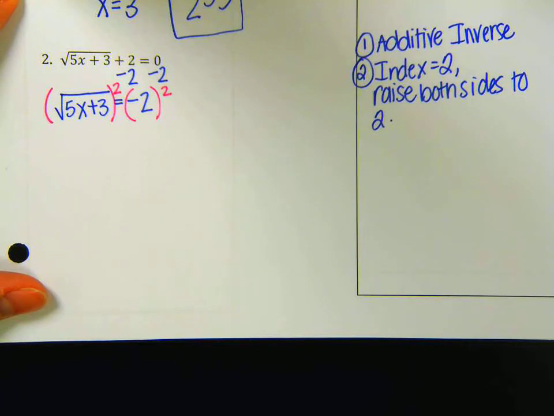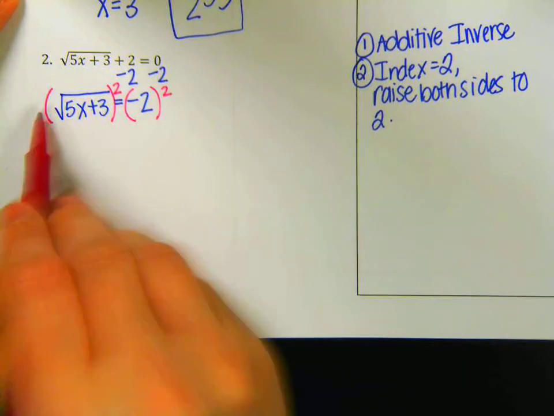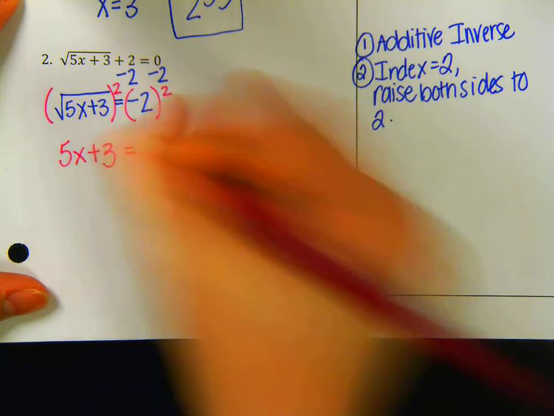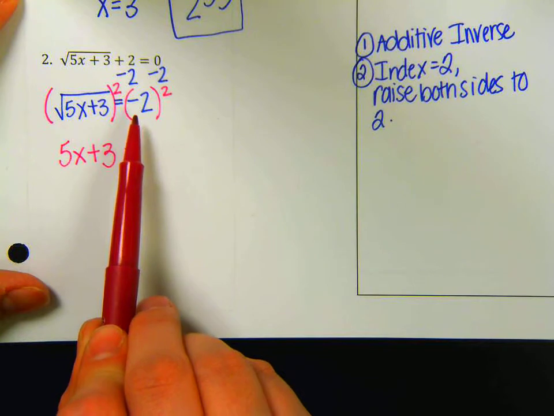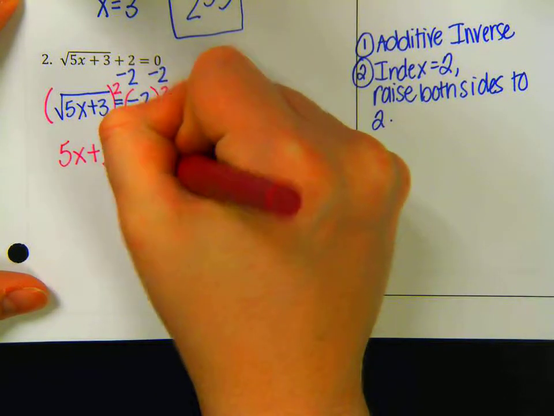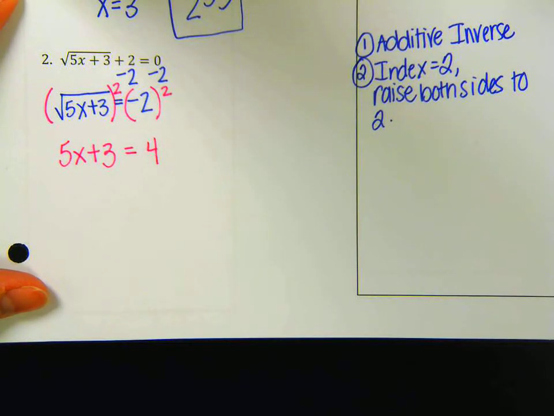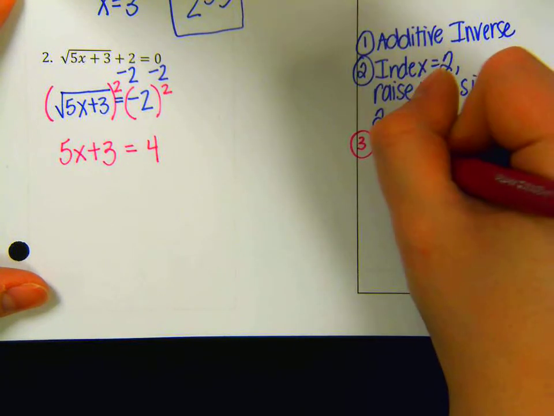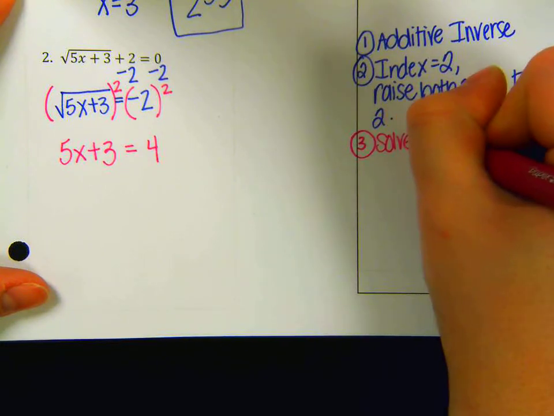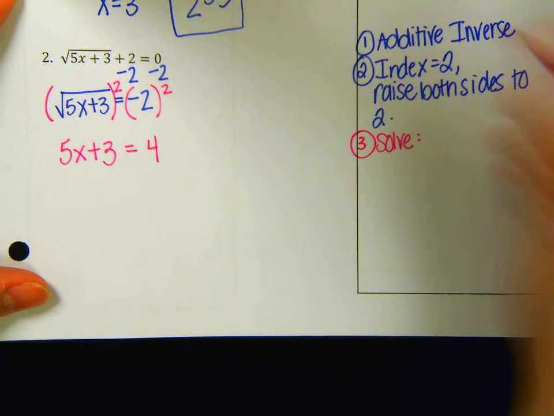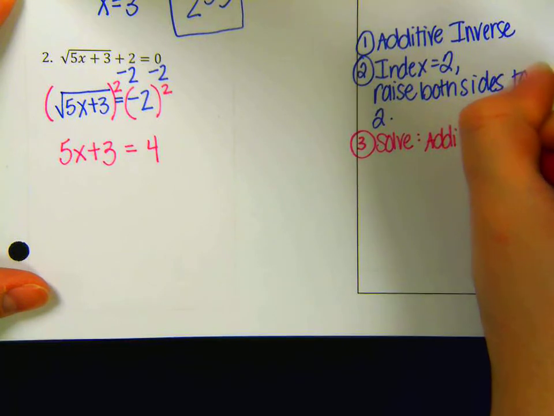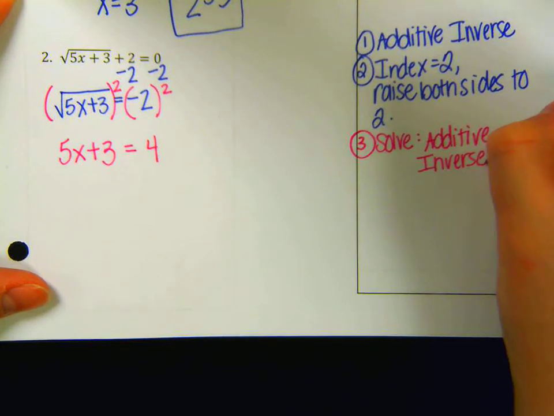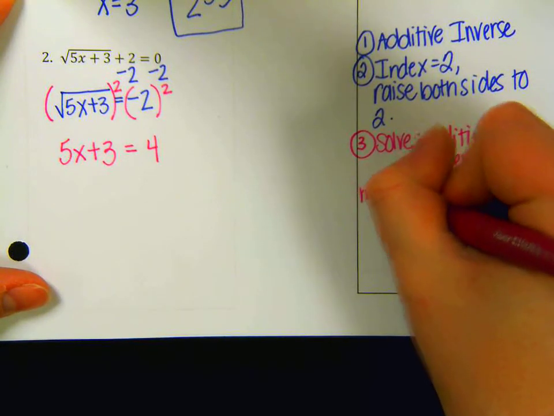Since my index is 2 and my power is 2, that's going to cancel each other off. I'll be left with 5x plus 3 equals, negative 2 times negative 2, which is just positive 4. My third step will be to solve. Well, the first one would be additive inverse, then multiplicative inverse.